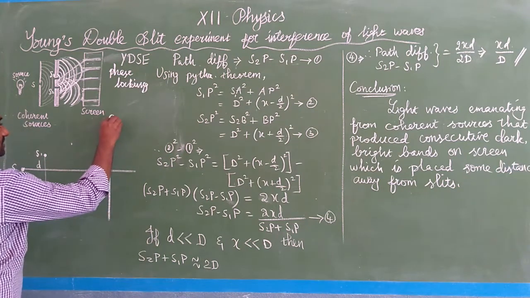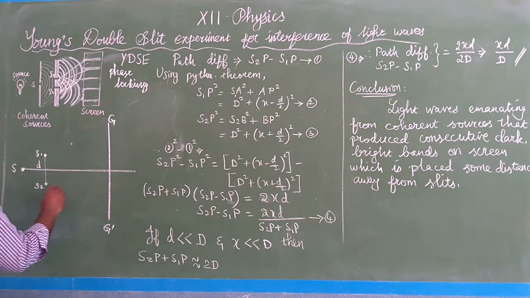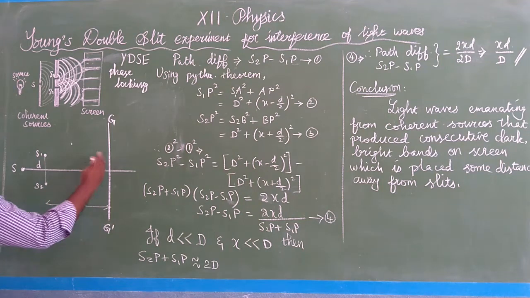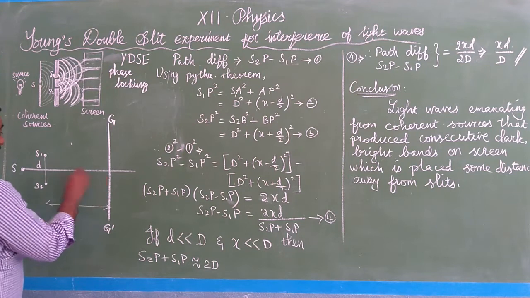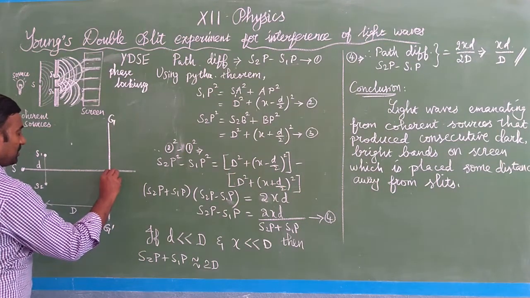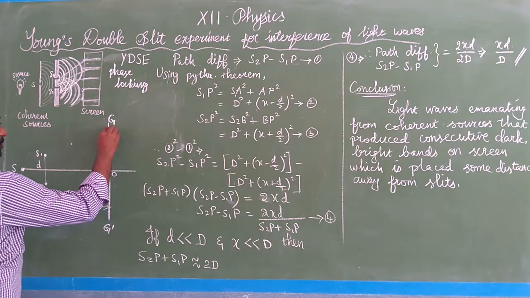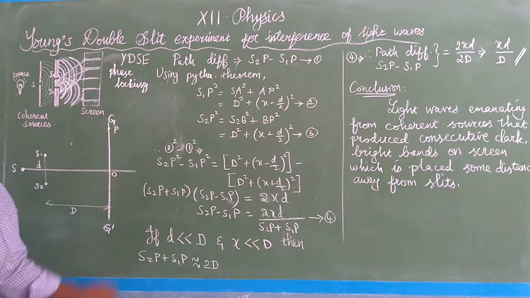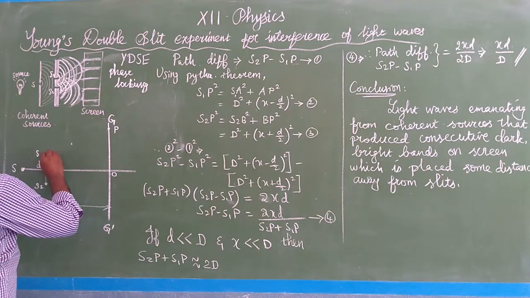Here G and G dash is the screen on which the interference is made. The screen is located away from the two slits at a distance of capital D. From the screen, the two slits are located at a distance of D. This is the original mean position O. From the original mean position, at a point P, we are going to determine the interference.